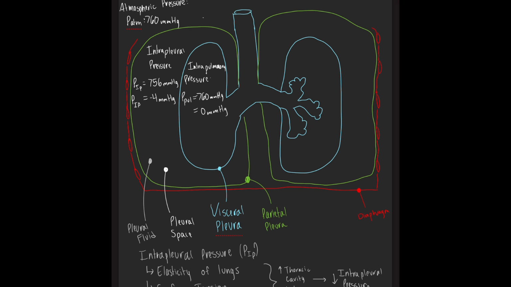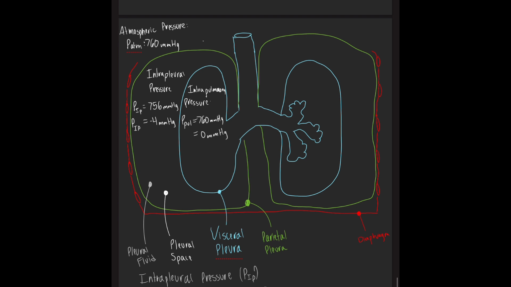It's the sac, also filled with air, that our lungs sit in, and this is called the parietal pleura. And then we have the space between the edge of the parietal pleura and the visceral pleura. We call that the pleural space. We have the diaphragm down here, and then we have our ribs and our chest wall, as it's usually called. So let's get into it a little deeper.